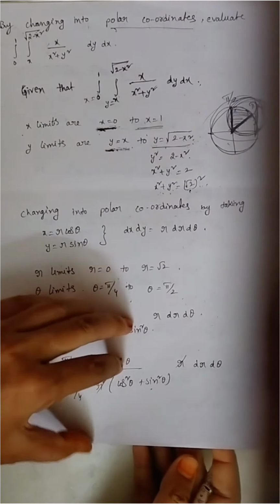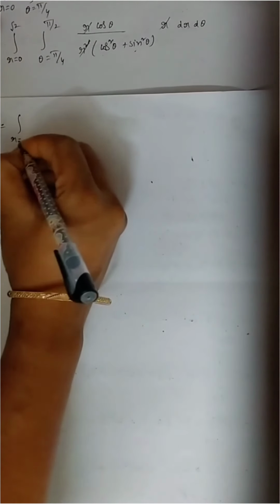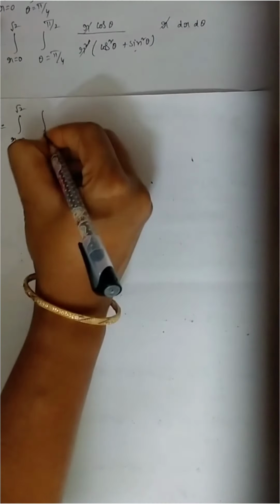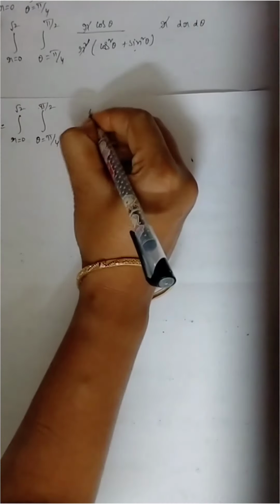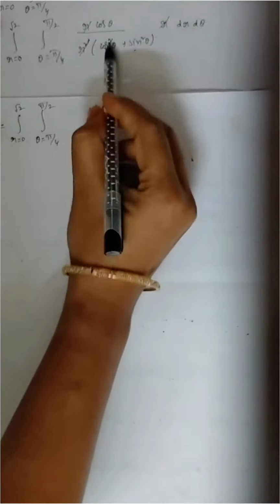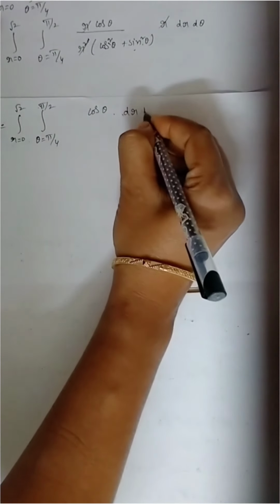So integral r equals 0 to root 2, integral theta equals pi by 4 to pi by 2, cos theta into dr d theta.